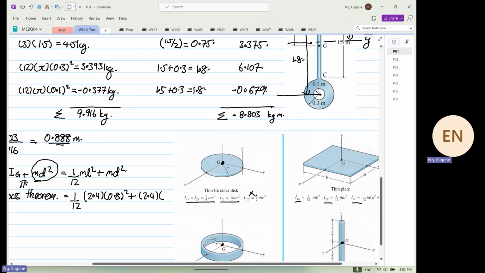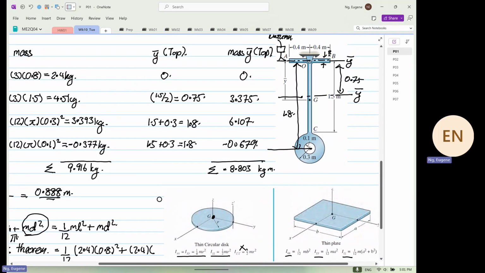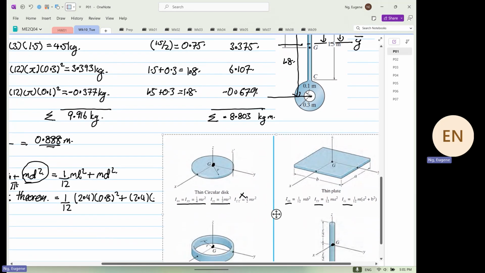The D for this case, basically, if we look at the rod, knowing that over here this is equal to 0.888. D is from the horizontal rod to the what? To the center of gravity. This is our D. So in that context, this is 0.888 squared.